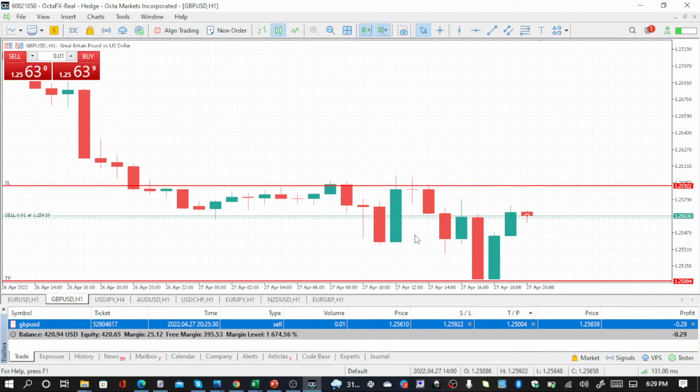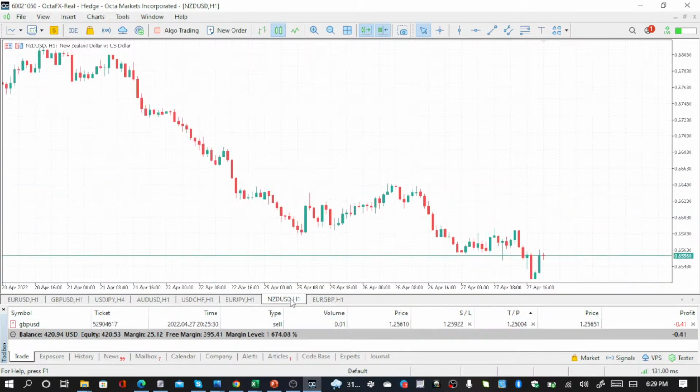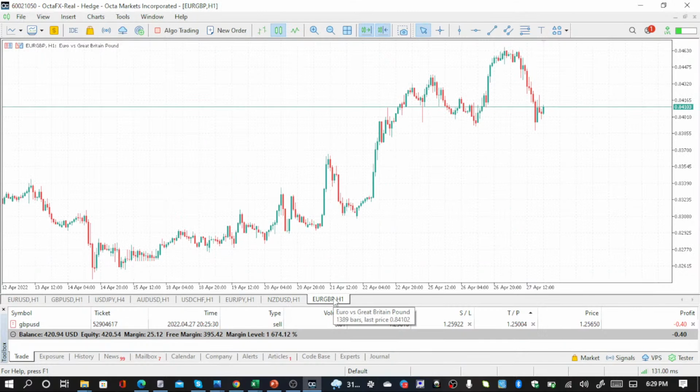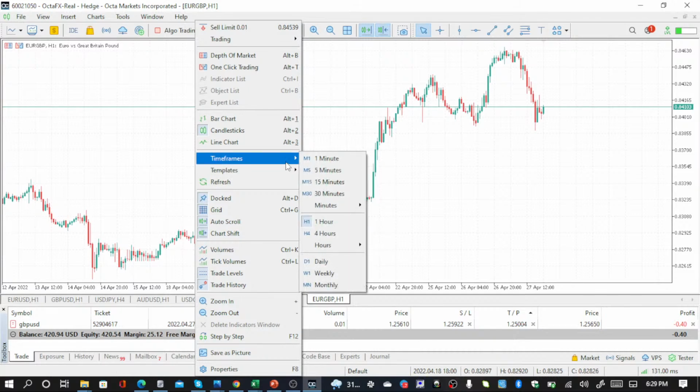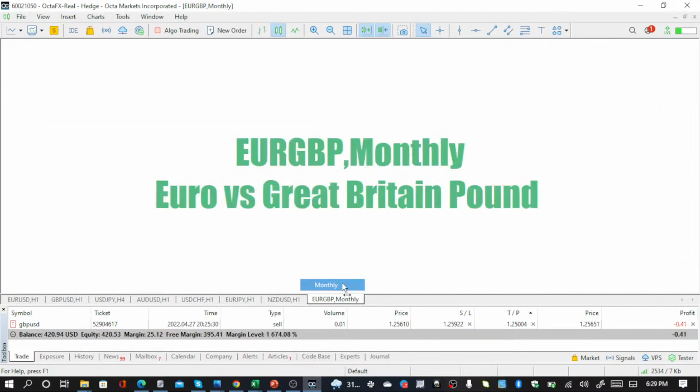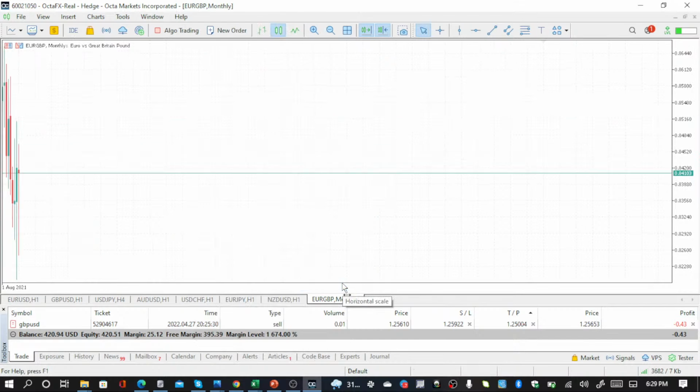Okay, good. Now let's look at another market. Now let's look at Euro Pounds. All right, Euro Pounds, starting from the monthly time frame.